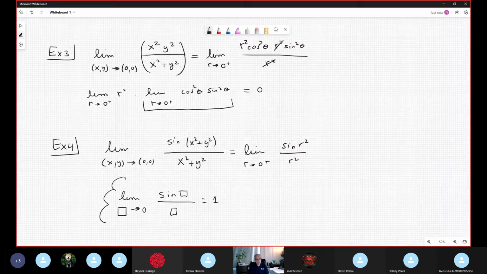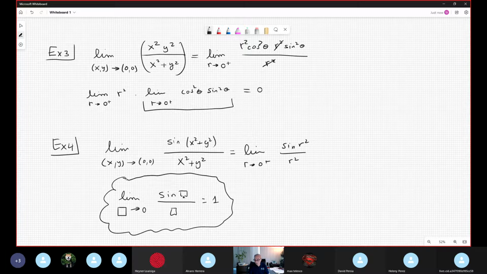You remember this in Cal 1, right? Fundamental trigonometric limits. So this is 1. End of story. This is 1. Cool.